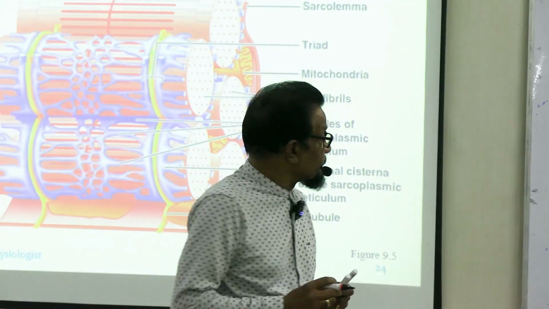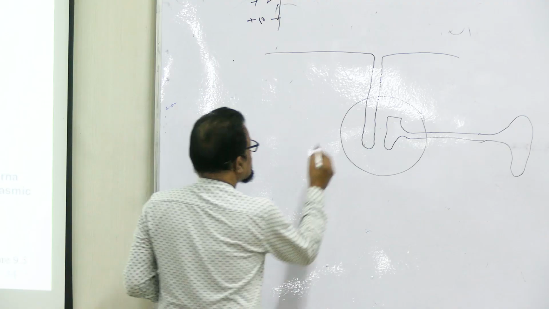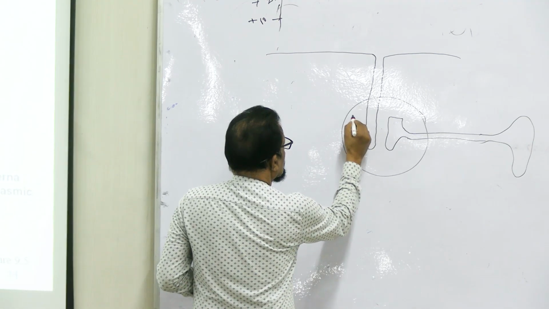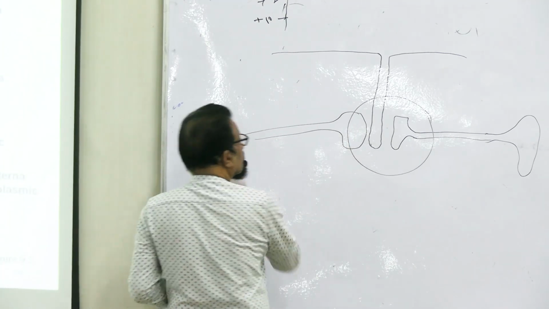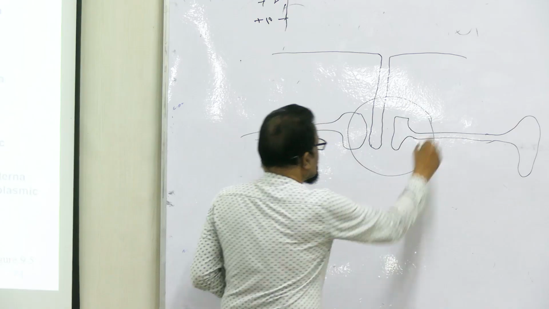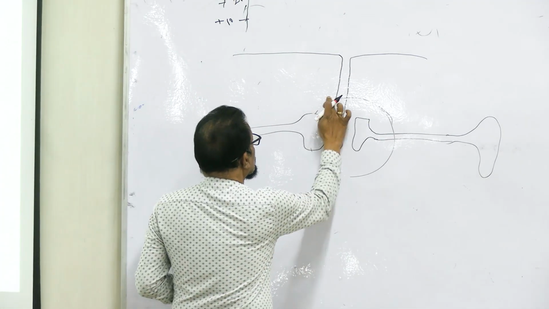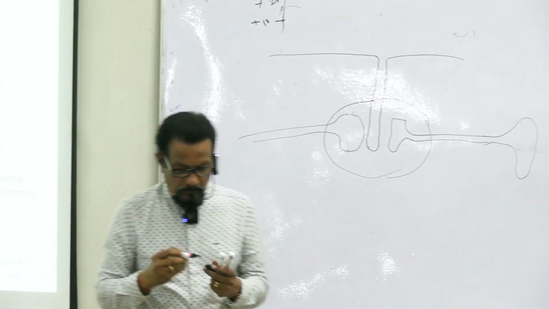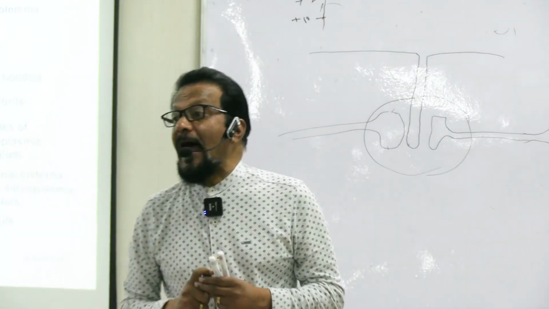The sarcoplasmic reticulum is a simplified structure. This area forms a triad.